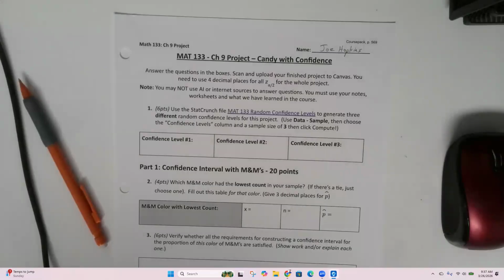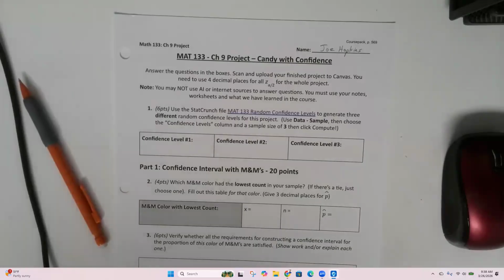No, because we did a random sample, and you might randomly get a couple more reds or a couple fewer reds. So it's not going to be exactly the same as the population proportion, but it's going to be really close. How close? That's what a confidence interval is. It tells you how close your sample's estimate is to the actual population proportion.